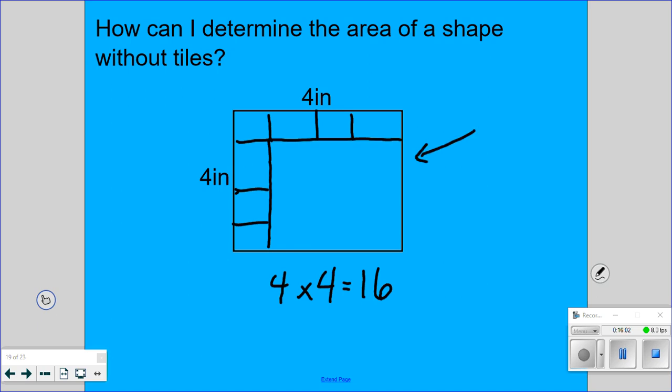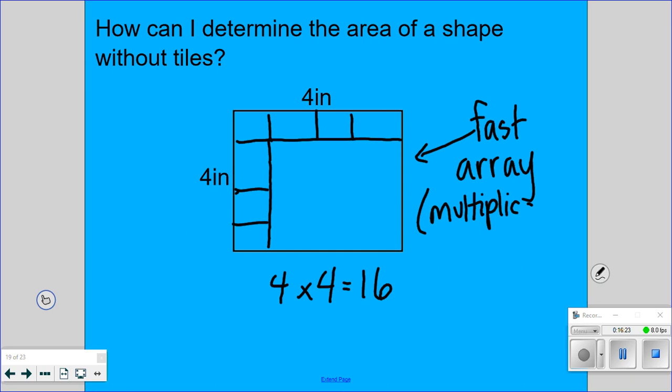That looks just like a fast array. Because it looks like an array, I know a shortcut. And that shortcut is called multiplication. Bladen, I'm writing. That means you should definitely be writing. When we see arrays, we know we don't have to count them anymore.